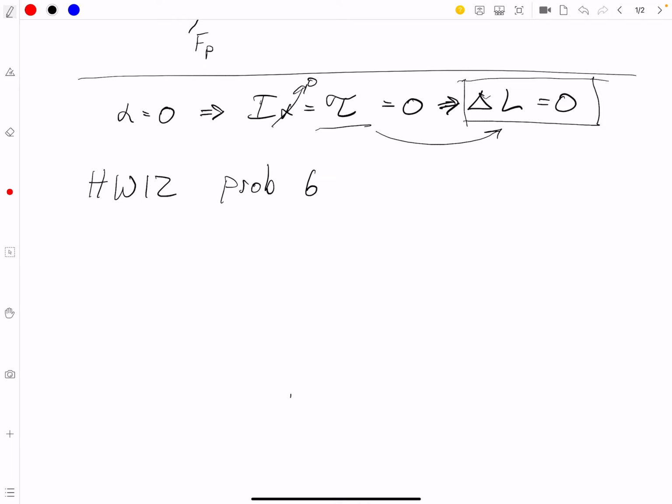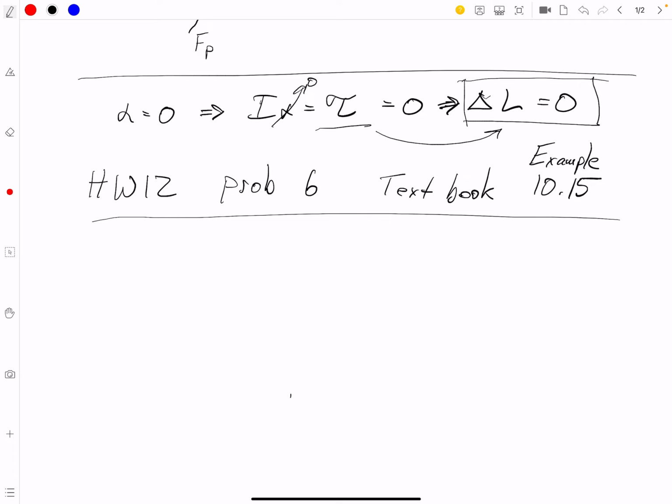And I changed it to be a lot closer to the textbook example 10.1.5. So in the textbook, you want to look at this example, and that's the problem that we're going to do. And I'm going to do it right now.